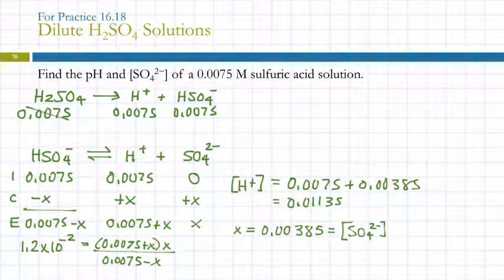And then negative log of that. Probably 1.95. So pH equals 1.95. That is a 3.5, yes.